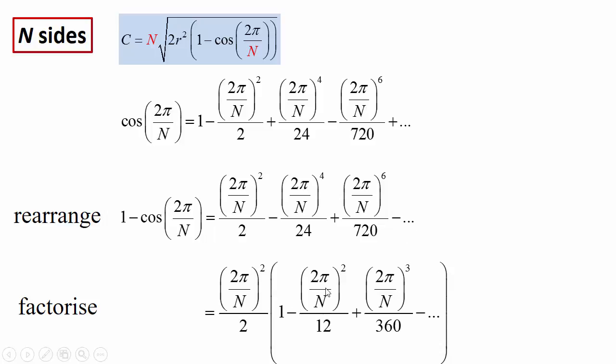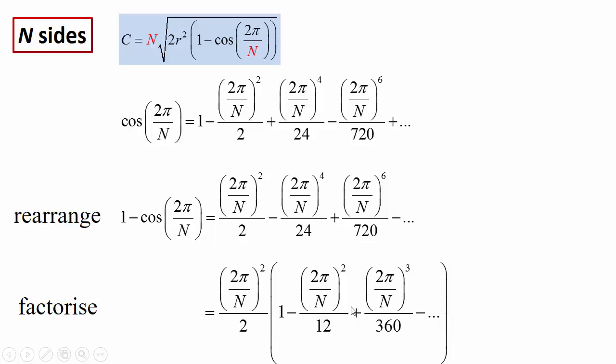In our final stage, what we're going to consider is what happens to each of these terms as n, the number of sides of our approximating shape, becomes larger and larger. What we'll see is that each of these terms becomes smaller and smaller, so that we can basically assume that they approach 0.